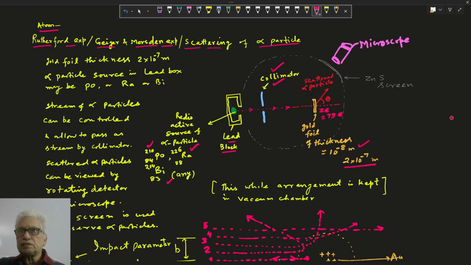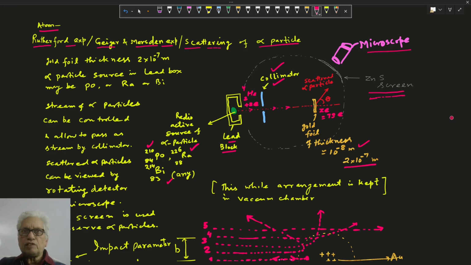So the alpha particle, which has positive 2e charge, is repelled by the gold nucleus and is scattered in different directions. They create a fluorescence effect on the zinc sulfide screen, which can be observed by a sensitive microscope detector. It is rotating in 360-degree direction.